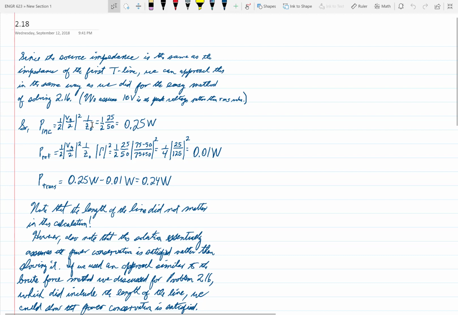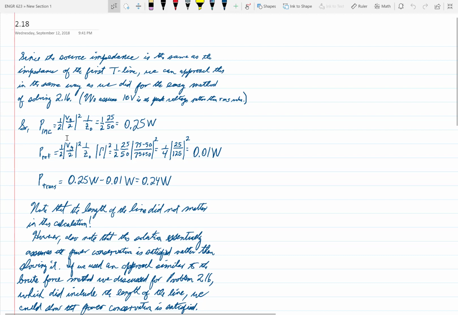And the reason for the 1 minus gamma squared is that the 1 represents the incident power, and then the gamma squared represents what's reflected. So if we just want the incident power, which is what this problem first asks for, then we don't multiply by 1 minus gamma squared, we just multiply by 1. We're just multiplying by 1 to get the incident power, and then for the reflected power, we'll multiply by gamma squared.